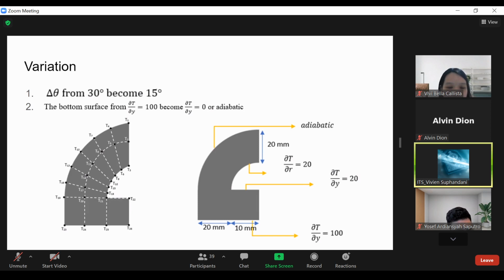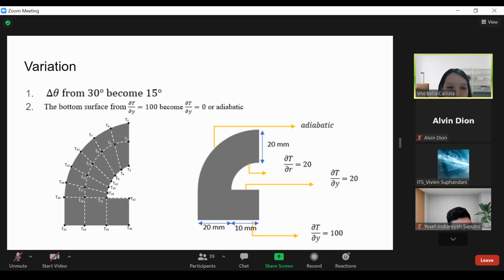That's just to hold the solution so that it will have a unique solution. If you apply only gradients like this, there can be many solutions that satisfy these gradients. So it will be much better if you can apply a certain temperature to one point or one side, or several points on the boundary sides. That will be enough. Okay, thank you, ma'am.